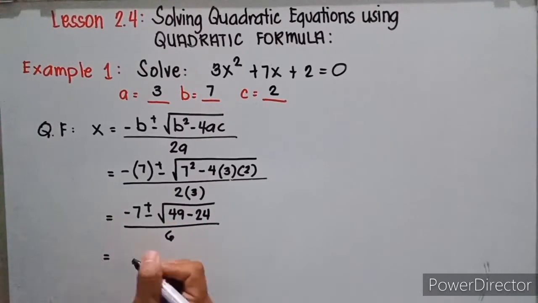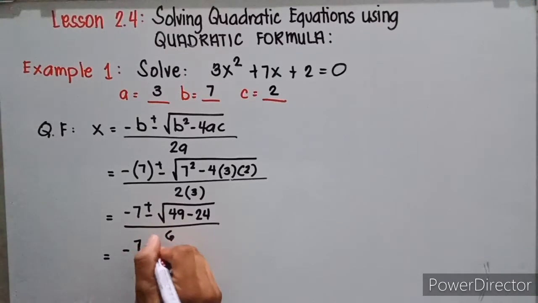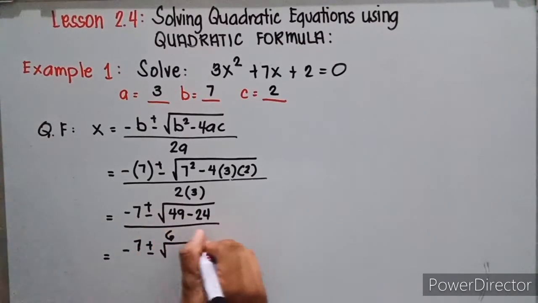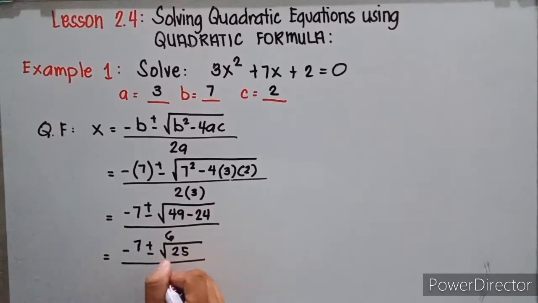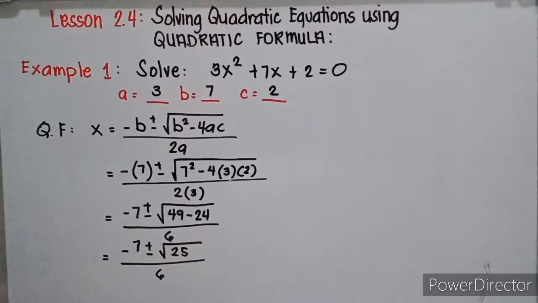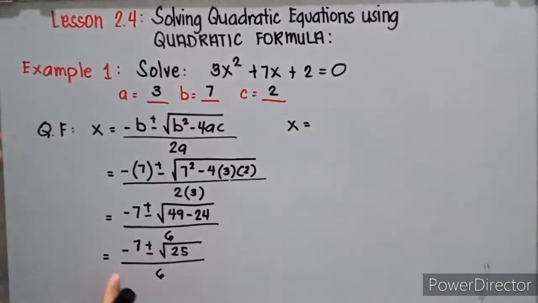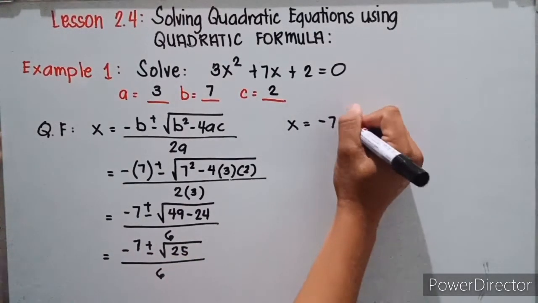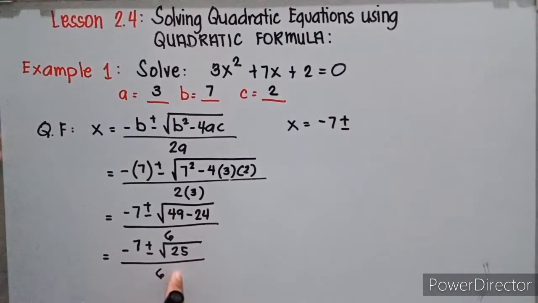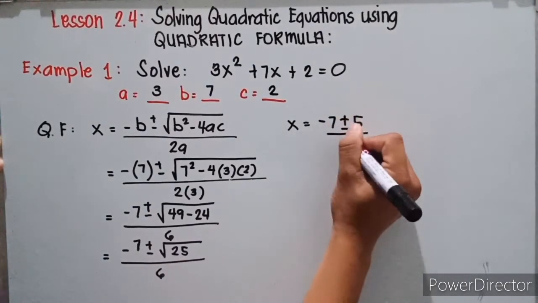So this is equal to negative 7 plus or minus square root of 49 minus 24 is 25 all over 6. Then we will have x is equal to negative 7 plus or minus, what is the square root of 25? So we have 5 all over 6.